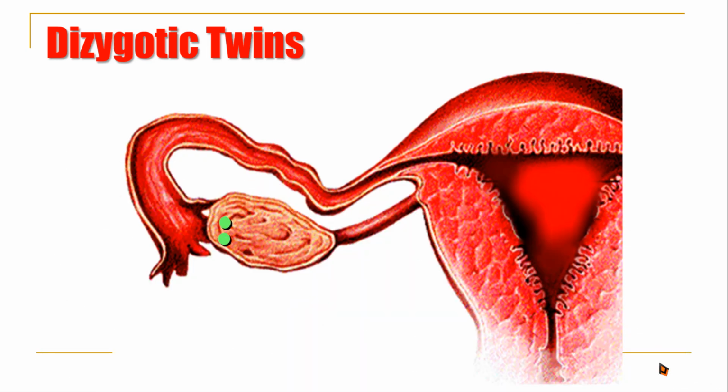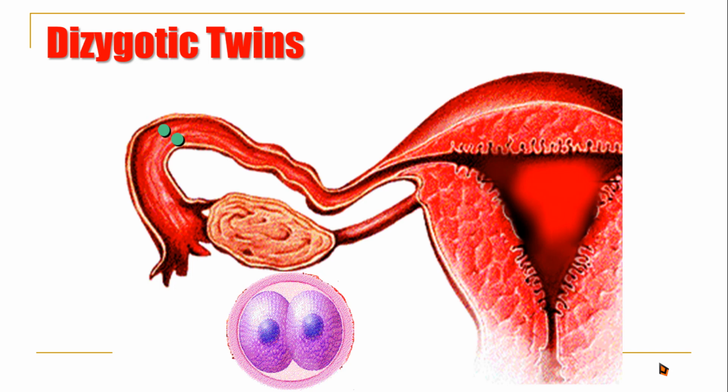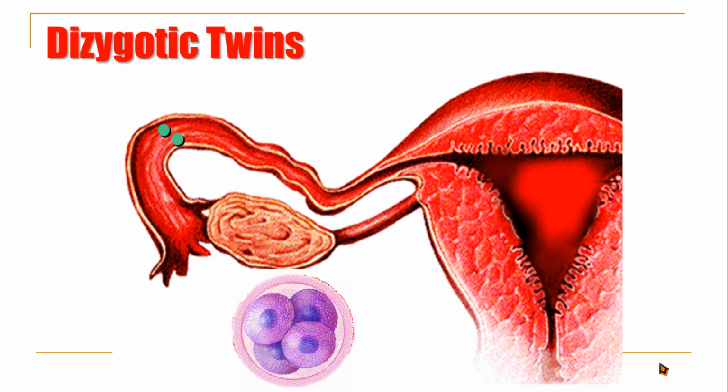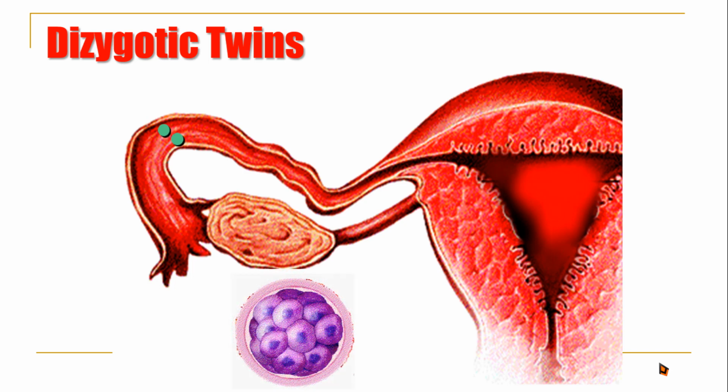So, if there are two ova that are ovulated or liberated from the ovary at the same time in the same month, and they are picked up by the uterine tube, and they get fertilized by two different sperms, each will develop into a zygote, and then cleavage will start, giving 2 cell stage, 4 cell stage, 8, 16, and 32 cell stages, or in this case we call it the morula.